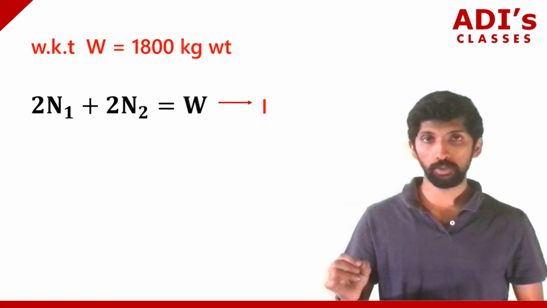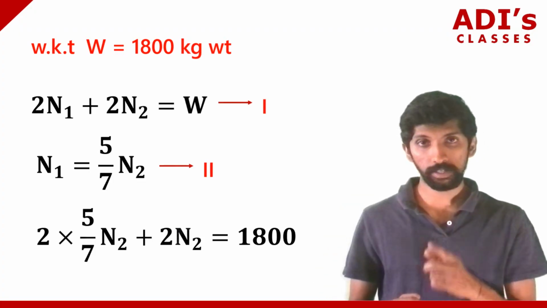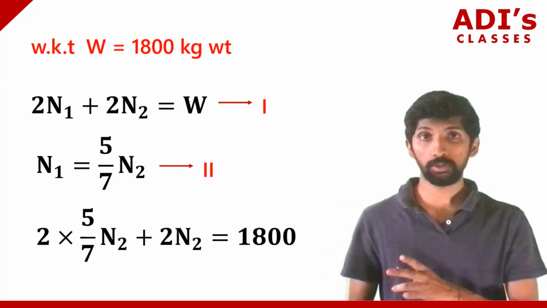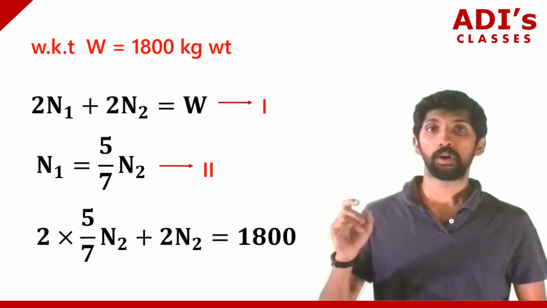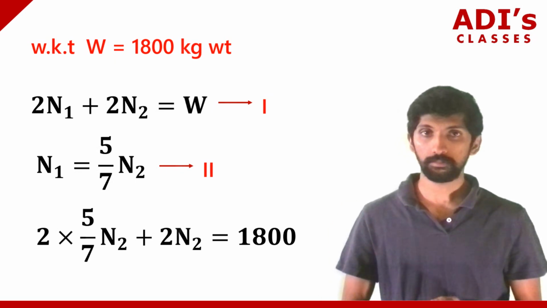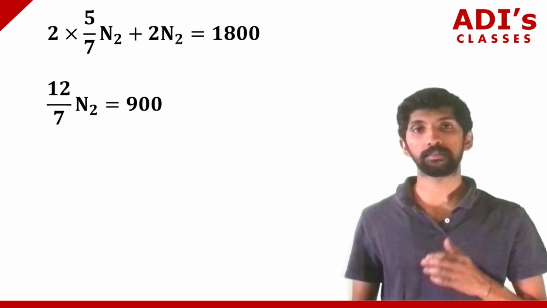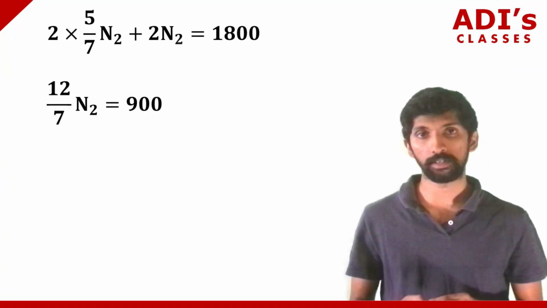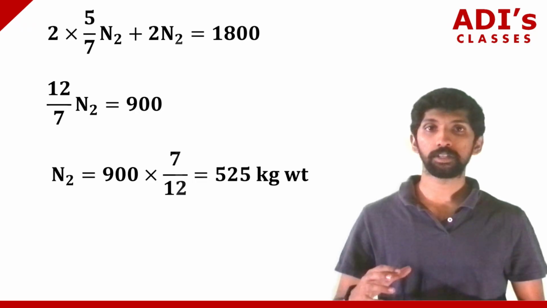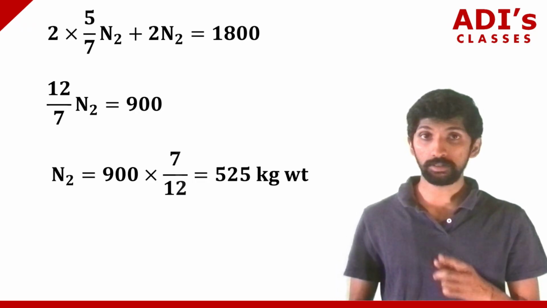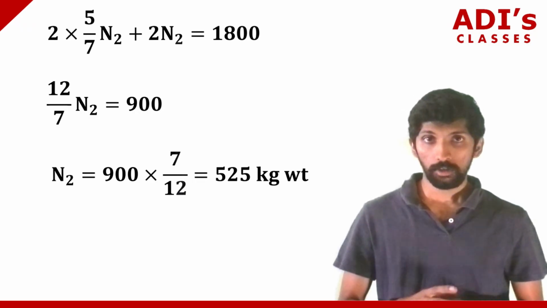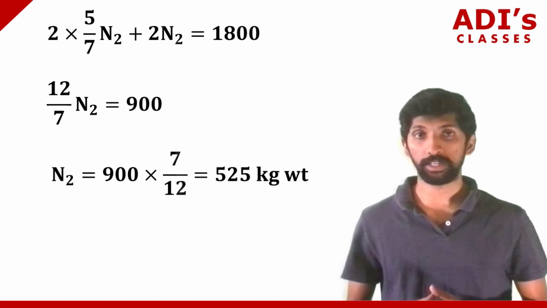So we have 2 into 5 by 7 N2 plus 2 N2 is equal to 1800. If you simplify this, we get 12 by 7 N2 is equal to 900, or N2 is equal to 900 into 7 by 12, or 525 kg weight.